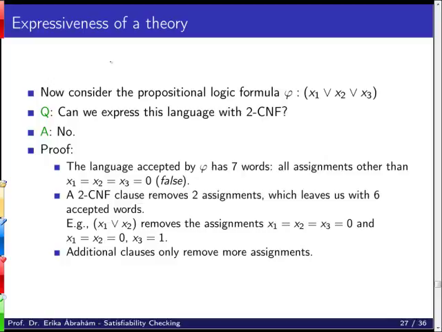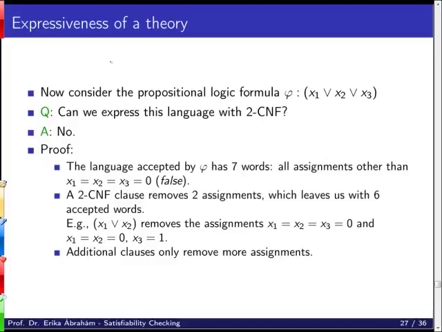Yeah, this is clear. Okay, if we would like to express it in 2CNF, with the empty formula without clauses, you have 8 solutions. So it doesn't fit. You must add at least one clause with 2 literals. What happens if we add one clause with 2 literals? It removes 2 assignments. Namely, not both literals are false.